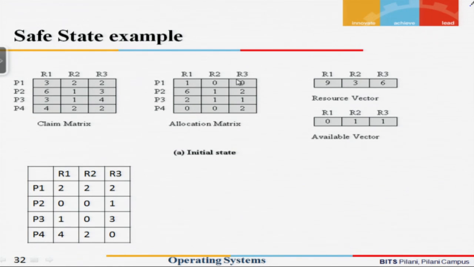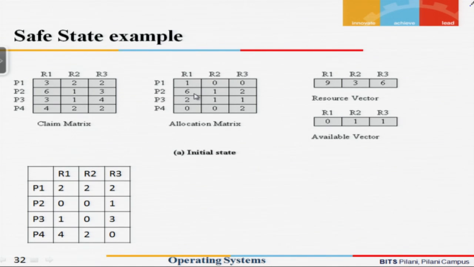In the beginning, we have an allocation matrix. In this case, process P1 has been allocated 1 instance of resource R1, no instance of R2, and no instance of R3.